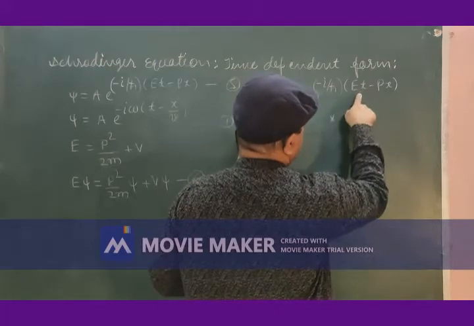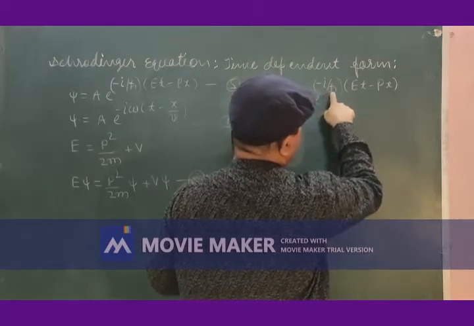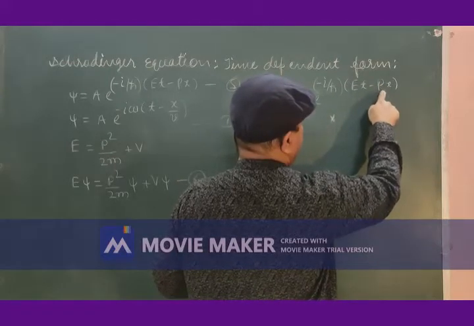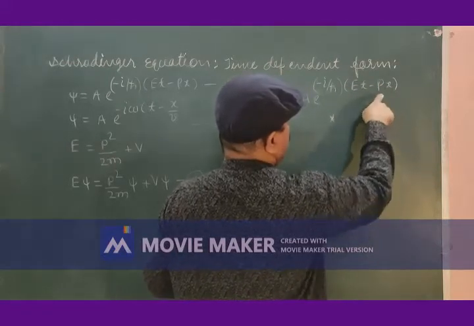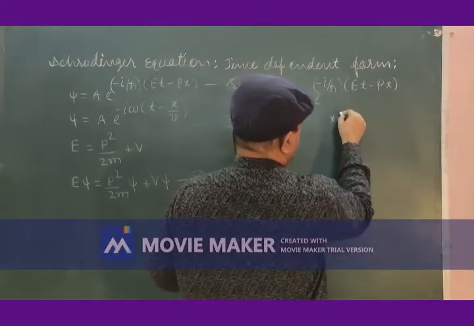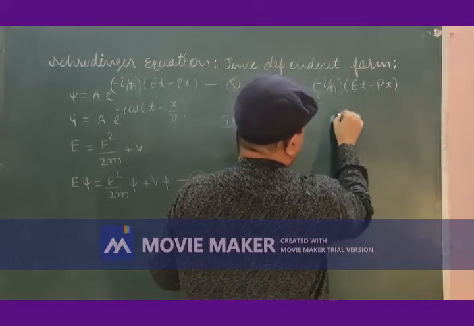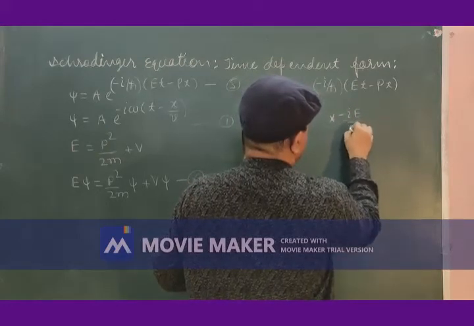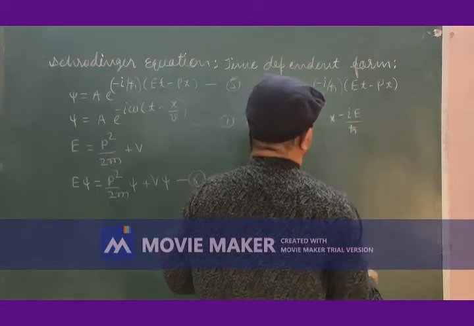This will be minus i by h cross times (E t minus p x), giving plus i p x by h cross for the second term. Differentiation of the second term will become 0. Differentiation of the first term will be minus iE by h cross.